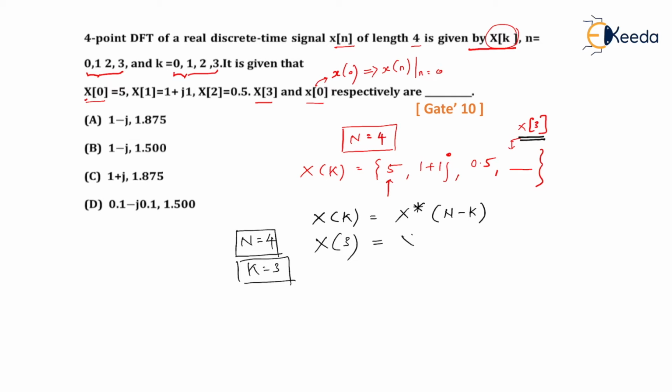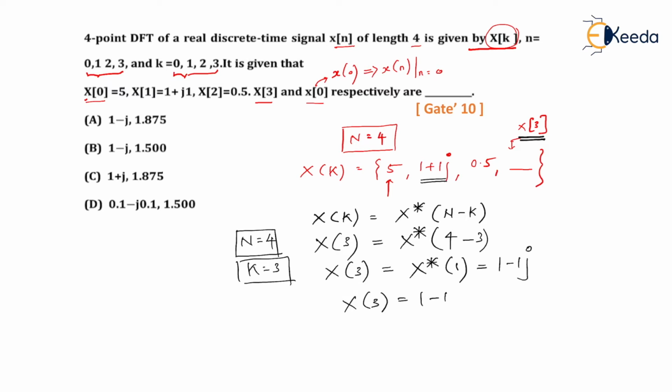So this is equal to X conjugate of N minus k, that is 4 minus 3. So can I say it is simply equal to X conjugate of 1? X of 3 by property is always equal to X conjugate of 1. Look at X of 1, it was 1 plus 1j, so its conjugate becomes 1 minus 1j. The value of X of 3 that they are asking you is 1 minus 1j.